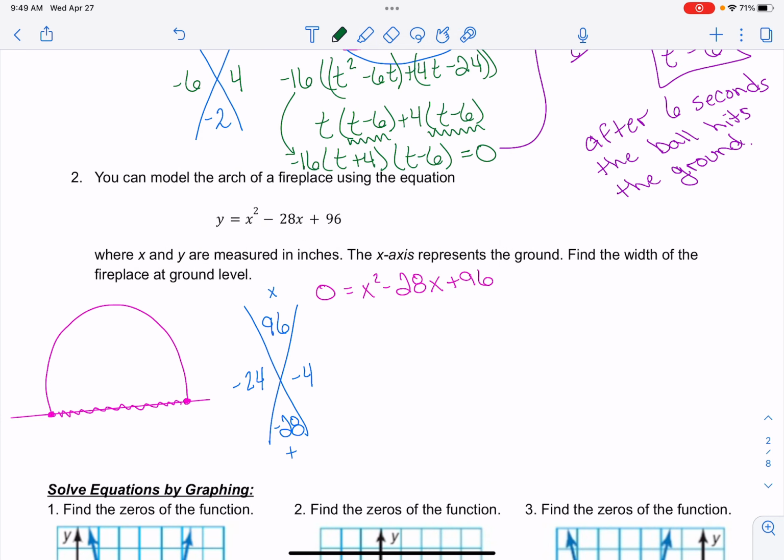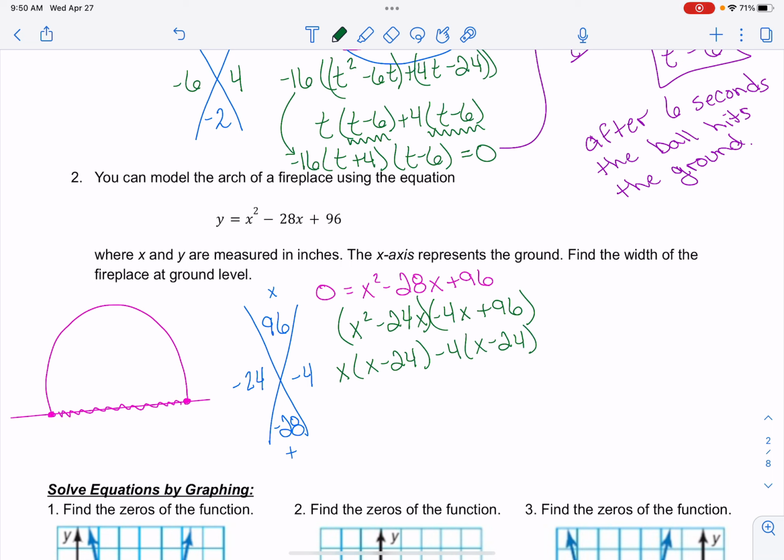So at this point, we rewrite our equation: x squared minus 24x minus 4x plus 96. We group the first two terms, group the last two terms, and we pull out our GCF from each one. So in the first group, our GCF was x.